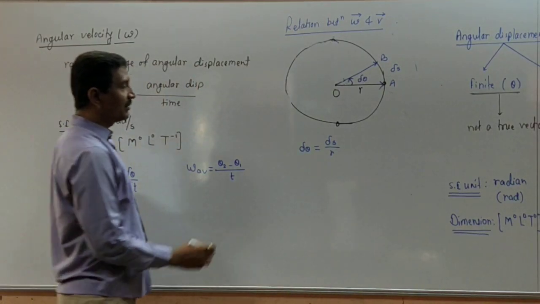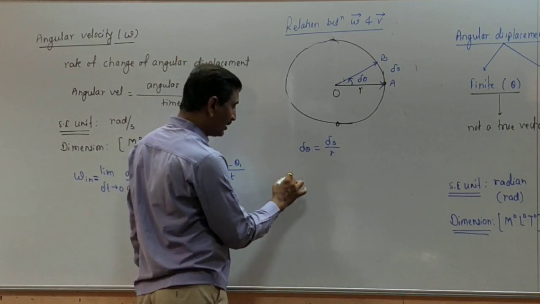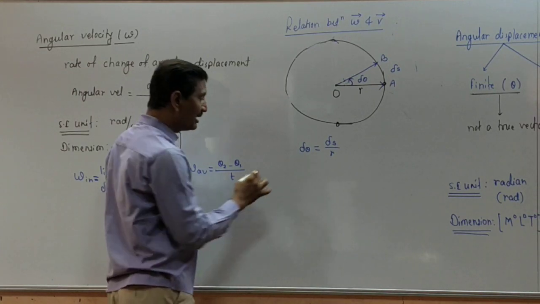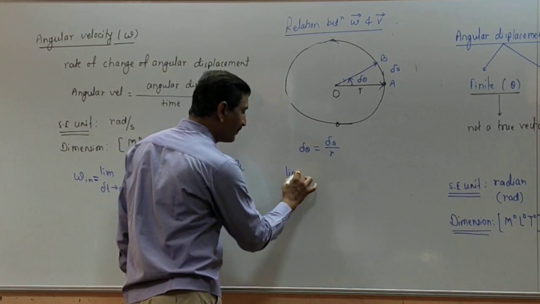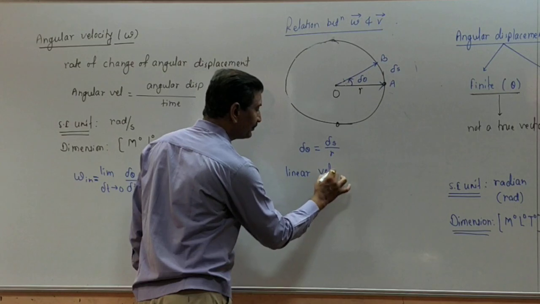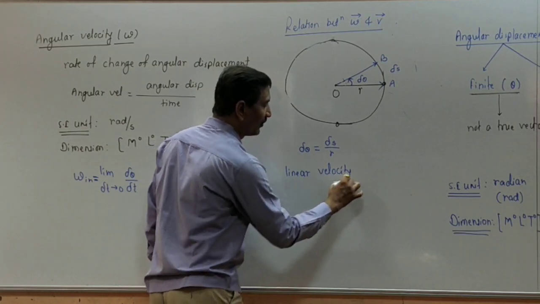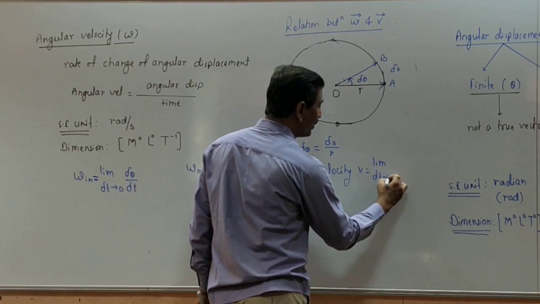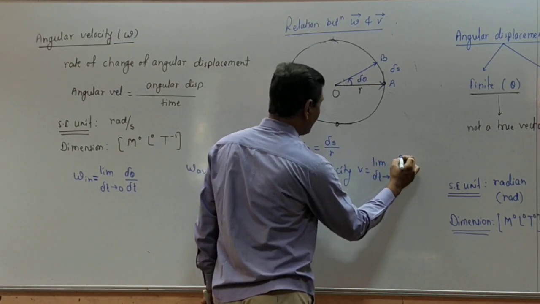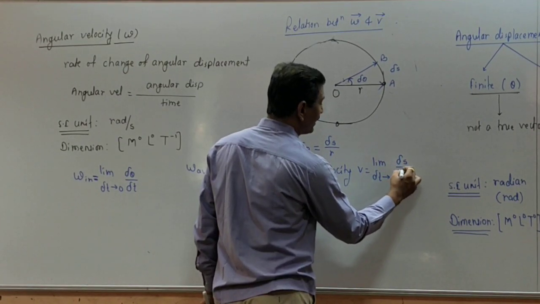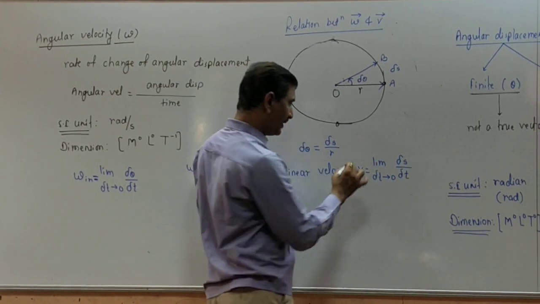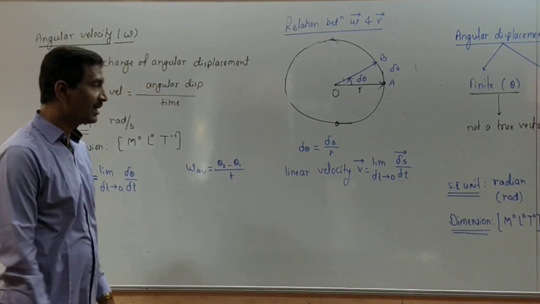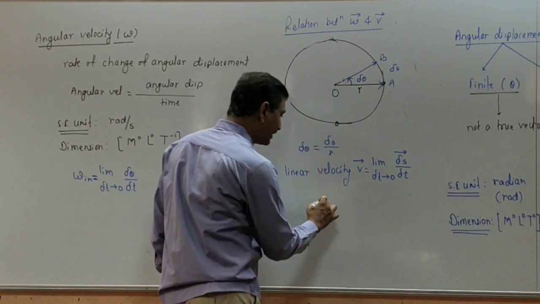Now apply the definition of linear velocity. As the time interval is very short, we use a limiting case. Linear velocity v is equal to limit delta t tends to 0 of delta S upon delta t. In vector notation, it is v bar is equal to limit delta t tends to 0 of delta S bar upon delta t, but we consider the magnitude alone.